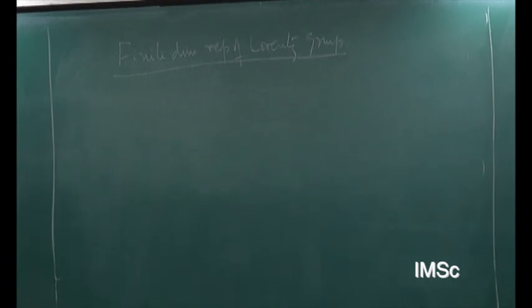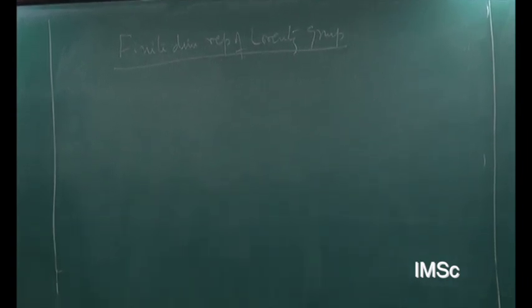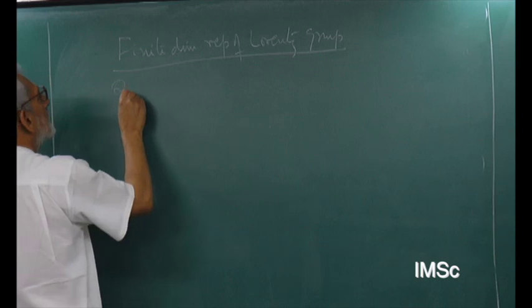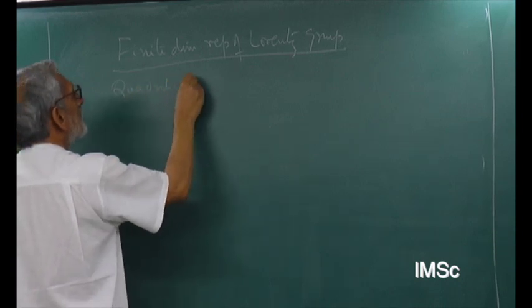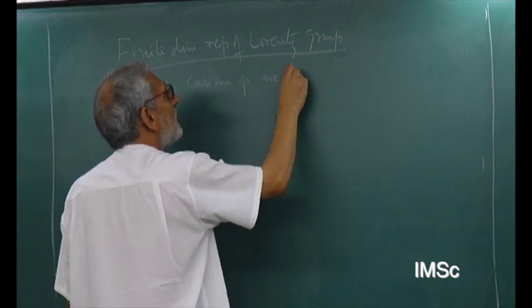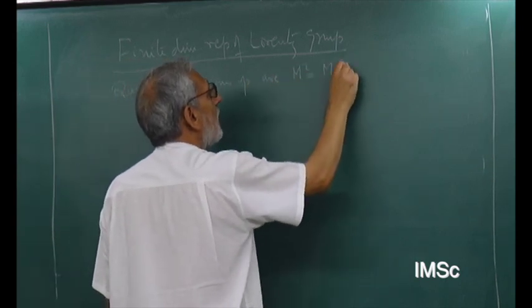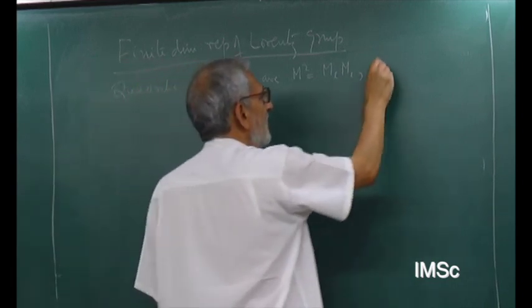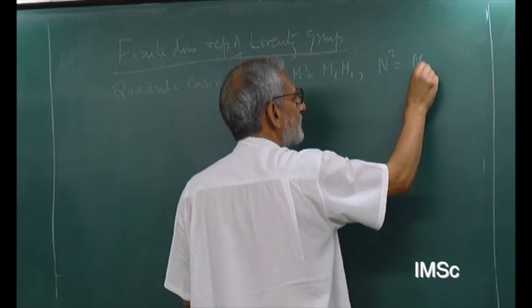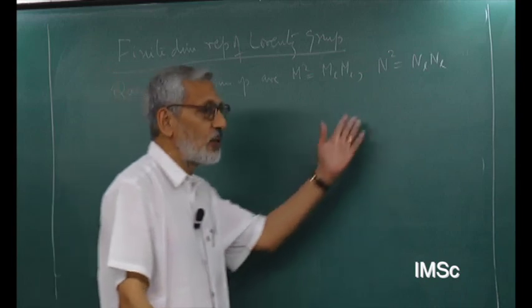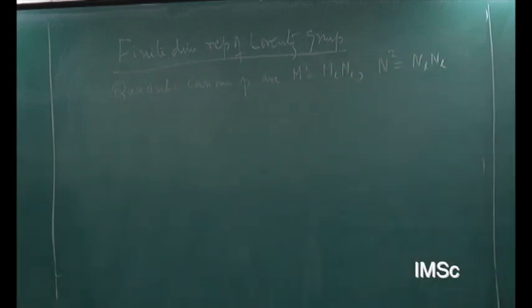And how do we generate the representations of a group? We first figure out what the quadratic Casimirs are, which commute with all the generators. So the quadratic Casimir operators are M squared, which is M1 squared plus M2 squared plus M3 squared, for the simple reason that, as we have learned earlier, each of M and N satisfies the SU2 algebra.